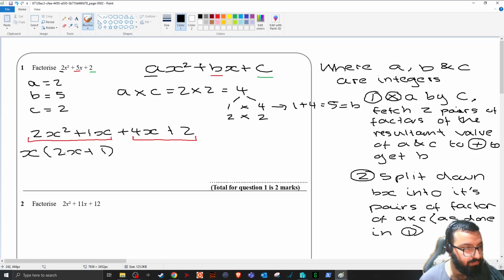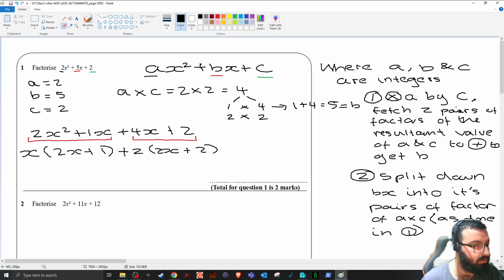So we have x brackets 2x plus 1 after we factorize this expression here, plus 4x plus 2. So to factorize this, 2 goes on the outside, brackets x, 2x plus 2, sorry, because 2 times 2x is 4x plus, oh no, I've done something wrong here.